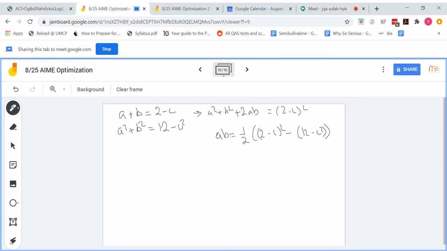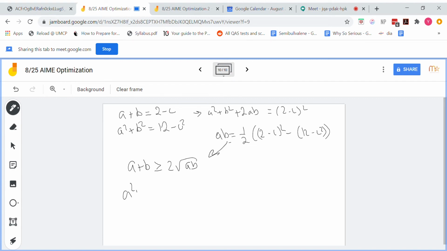Now we might think about where we have to get an inequality. If we want to find bounds for c, somewhere we have to use an inequality. So if we forget Cauchy-Schwarz, you might use AM-GM here. For example, with AM-GM we have a plus b greater than or equal to 2 square root of ab, and we can plug in the value for ab and figure that out.